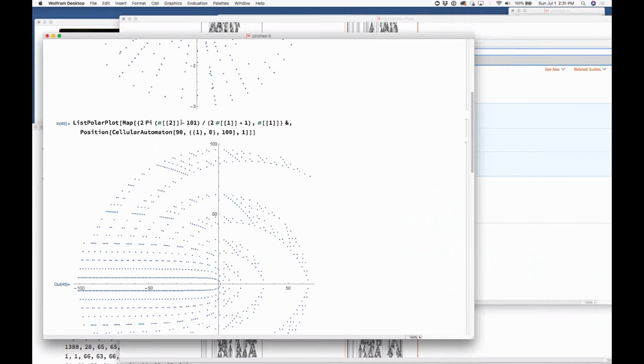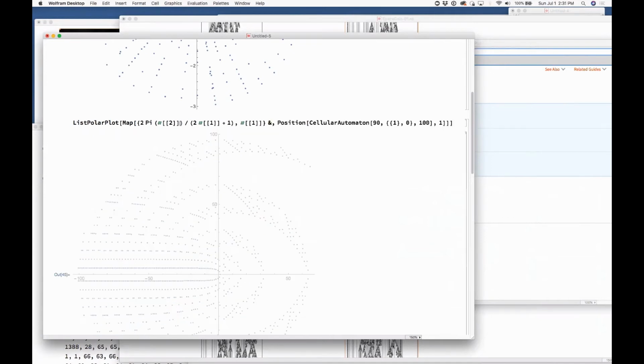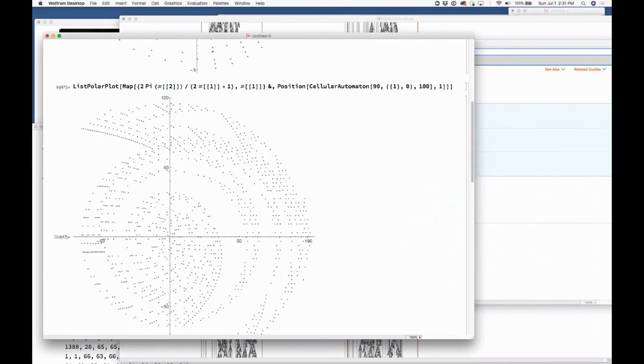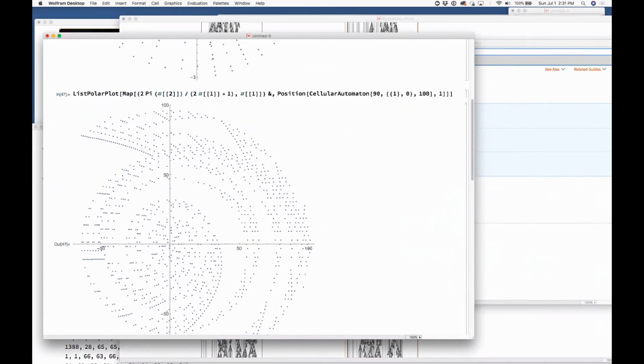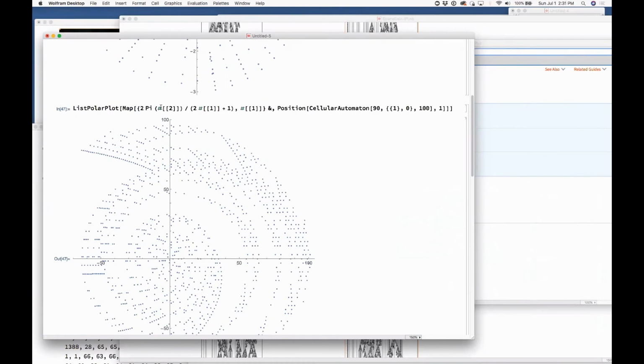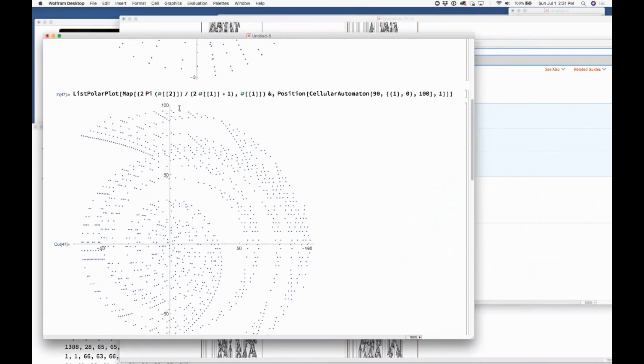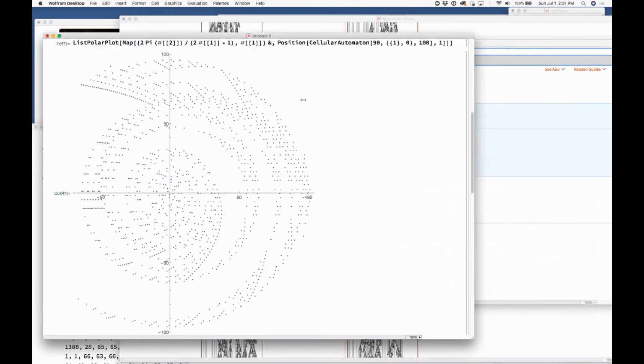The minus 101 is wrong, because I want an angle that goes from 0 to 2 pi, as the number goes from 1 to the size of the array. Yeah, I think this is correct.